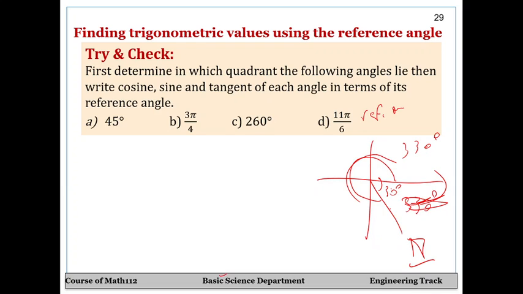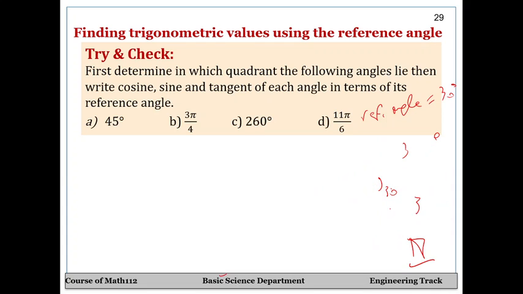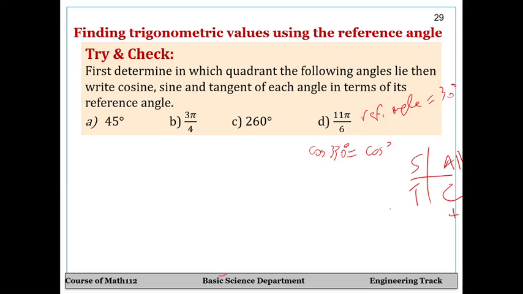So the reference angle is 30 degrees, and you can write here, okay, all STC. Okay, cosine is positive and the rest is negative, so cosine 330 degrees is equal to cosine 30 degrees, and sine 330 is equal to minus sine 30, and tangent 330 is equal to, okay, only cosine is positive here.